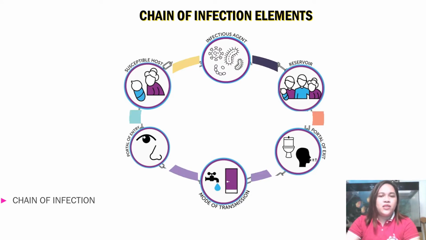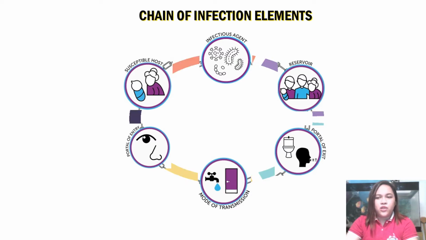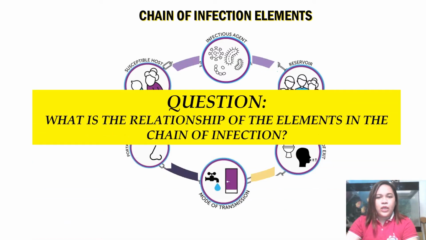These are the elements in the chain of infection. Without one of the elements, the infection will not take place. Or if we break the chain by doing infection control policies and procedures, the infection will not take place. Let me leave you one question before we proceed to the discussion.